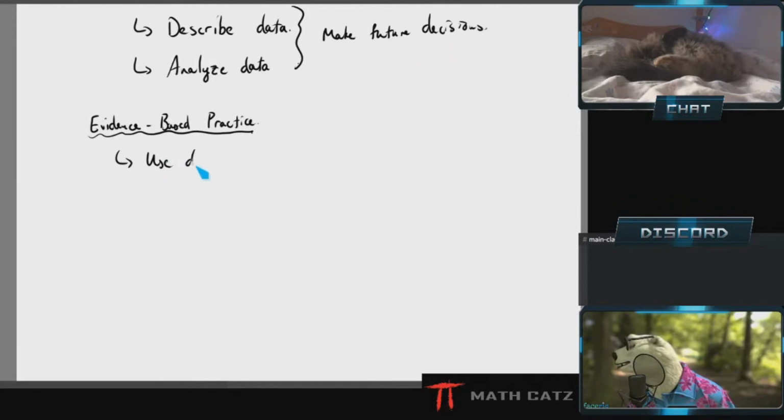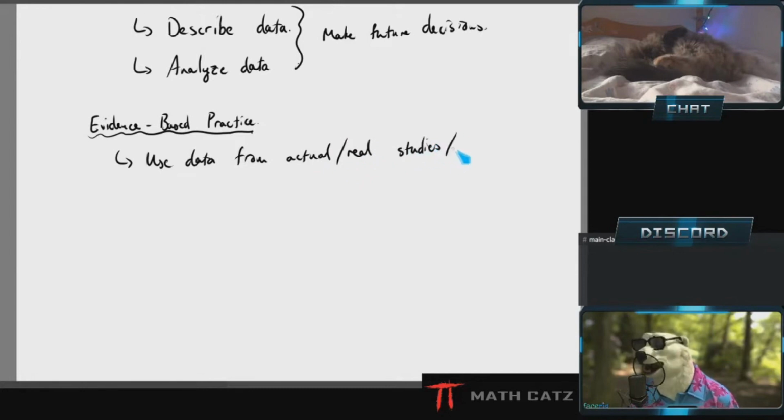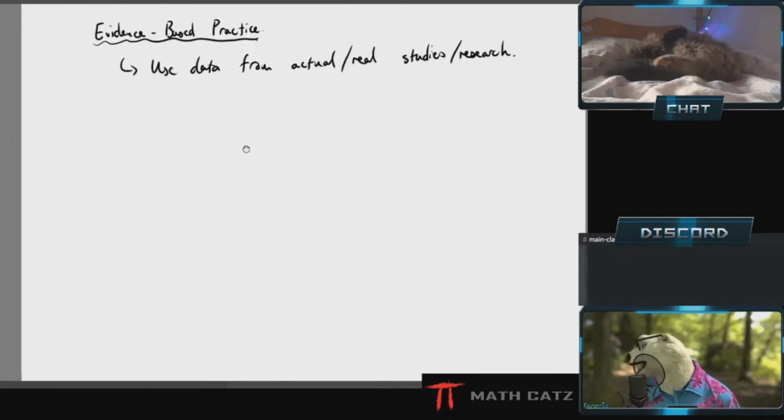So we want to use data from actual real studies done, real research that we can say, well, we don't know exactly if a treatment will work for an individual, but we have evidence, we have an actual research paper that we can base this on, where someone has shown that this can be successful.